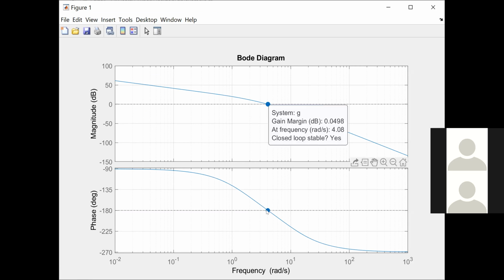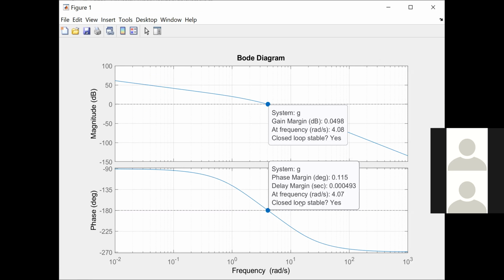And the phase margin is 0.115. It's positive. Previously, 11.7 was negative, now positive.